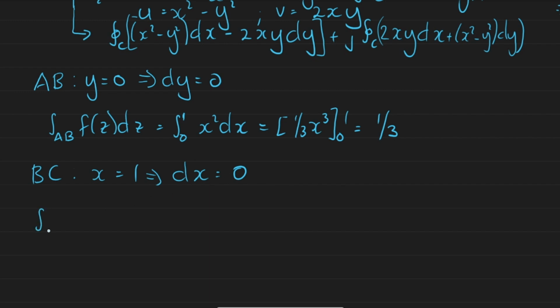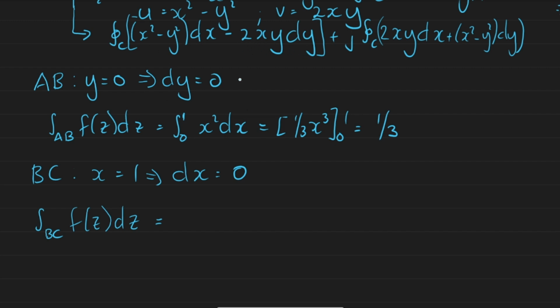So if we consider the line integral for BC, we have to integrate with respect to y. So y goes from 0 to 1. dx is equal to 0, so that term won't be there. So let's consider the second term.